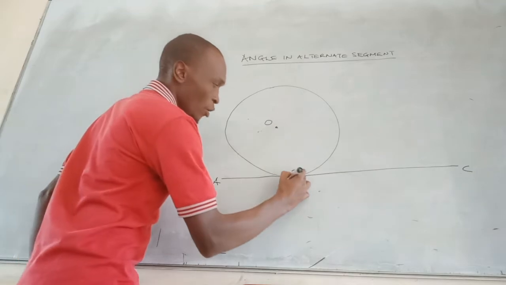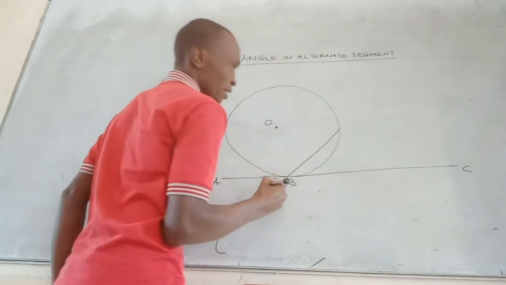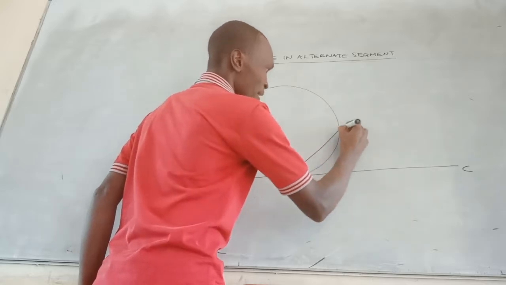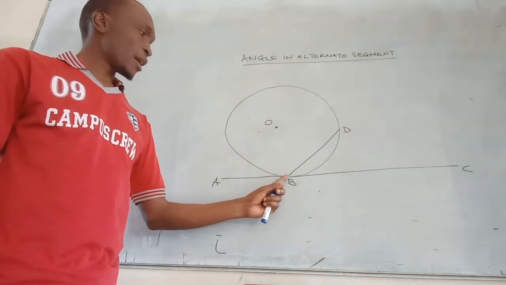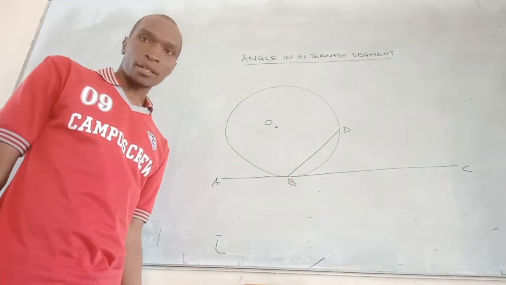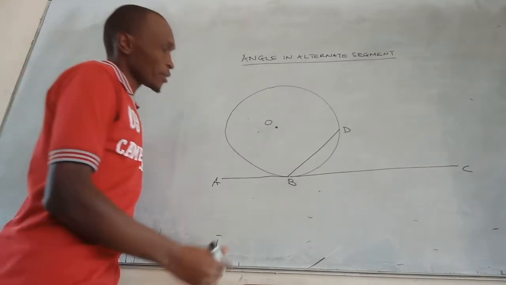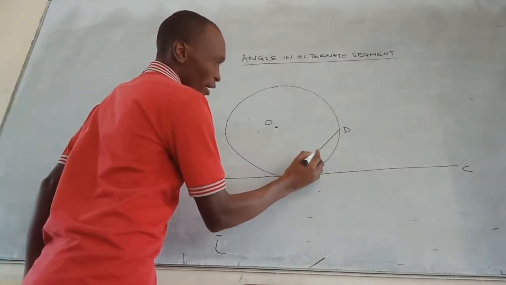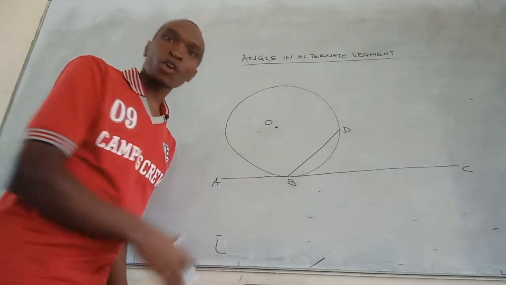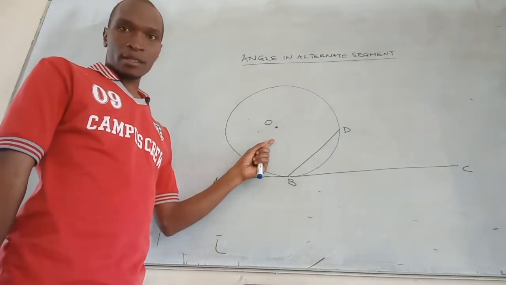Now if I draw a line, let me say this is a line BD, then I can also conclude that BD is a chord. Remember we covered chords earlier on. So this chord has divided this circle into two segments.